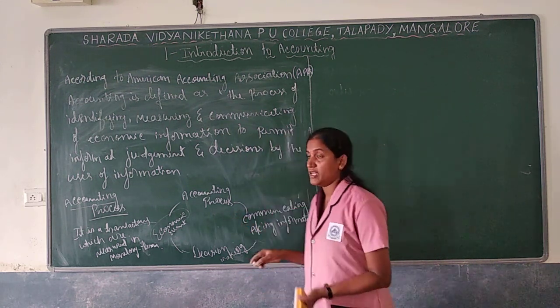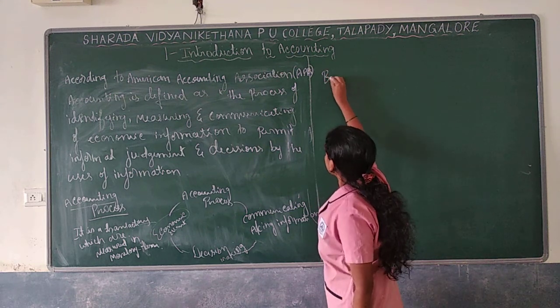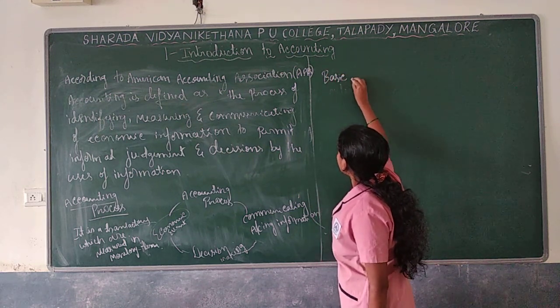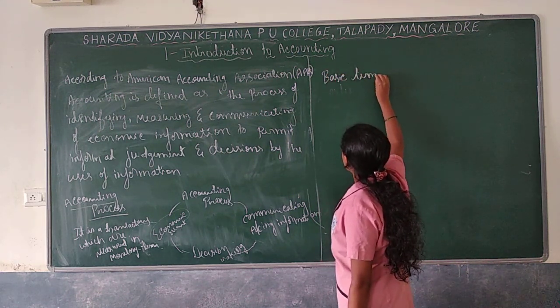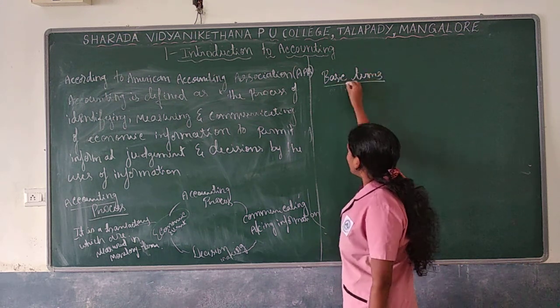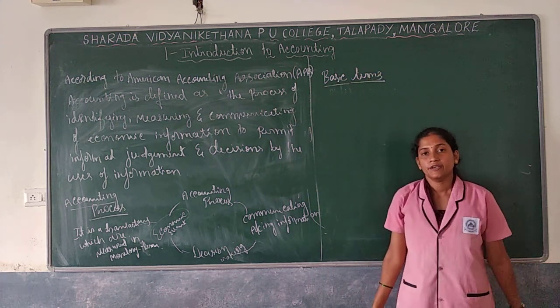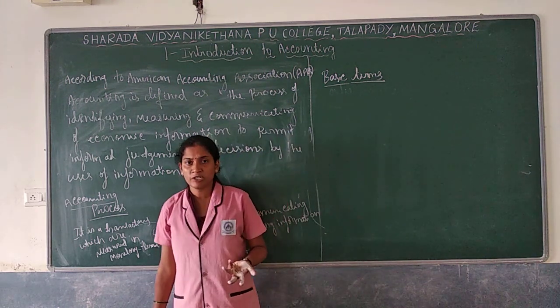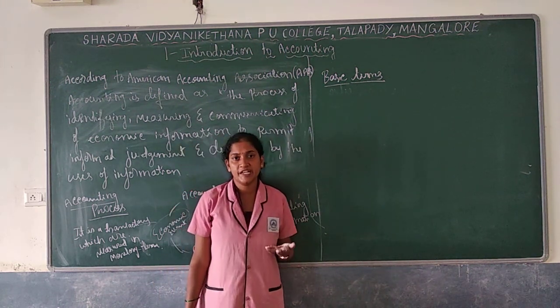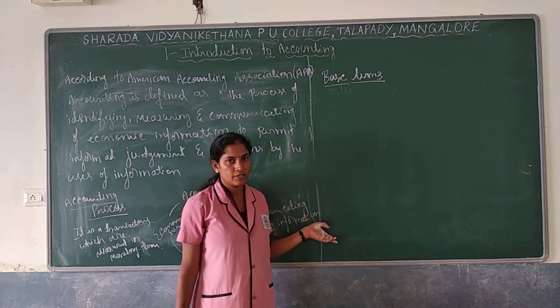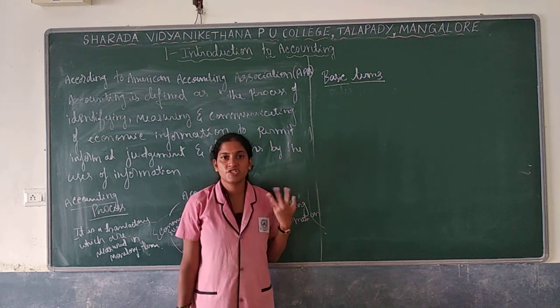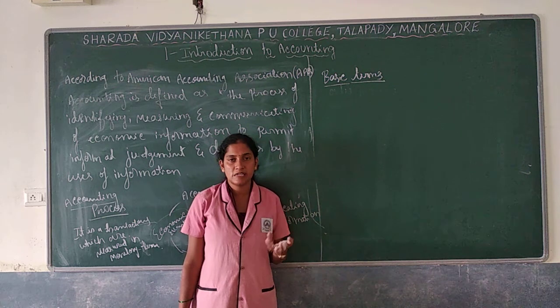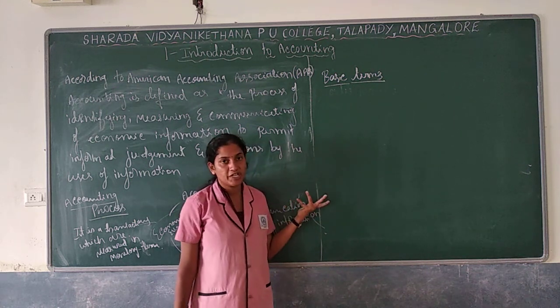Next, let us see basic terms. Very important in this chapter are the basic terms of accounting. These are certain terms you have not come across or studied anywhere. Some of the extra terms we will see, for example, what is a debtor, what are creditors, what is an asset, a liability, which you have not studied previously.